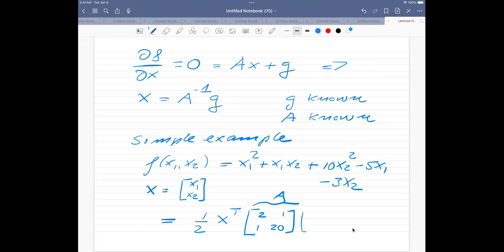It multiplies again with a vector x1, x2. And then I have a new vector, the transpose of that vector, 5 and 3, multiplied with x1, x2. And I'm going to just label this as a vector b transposed.